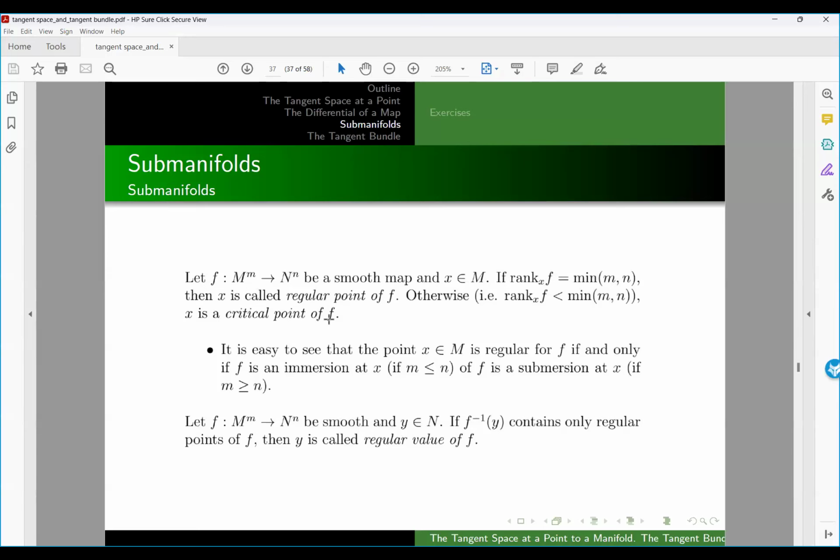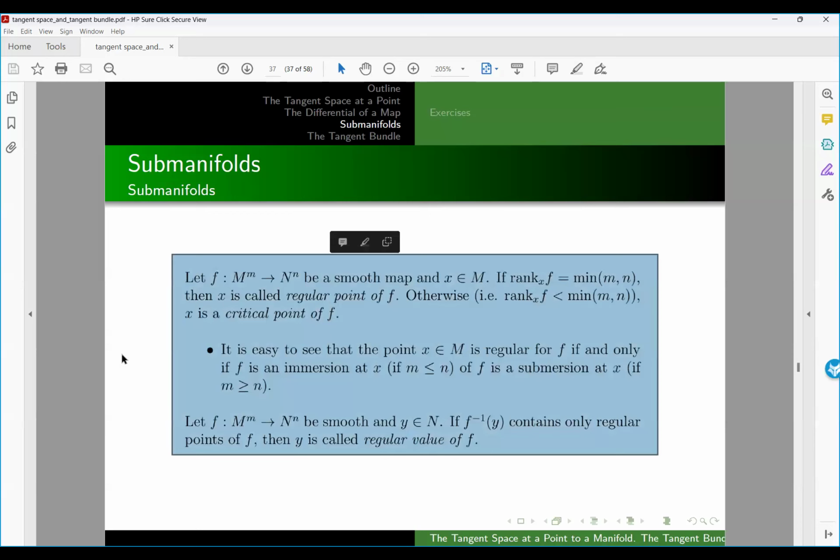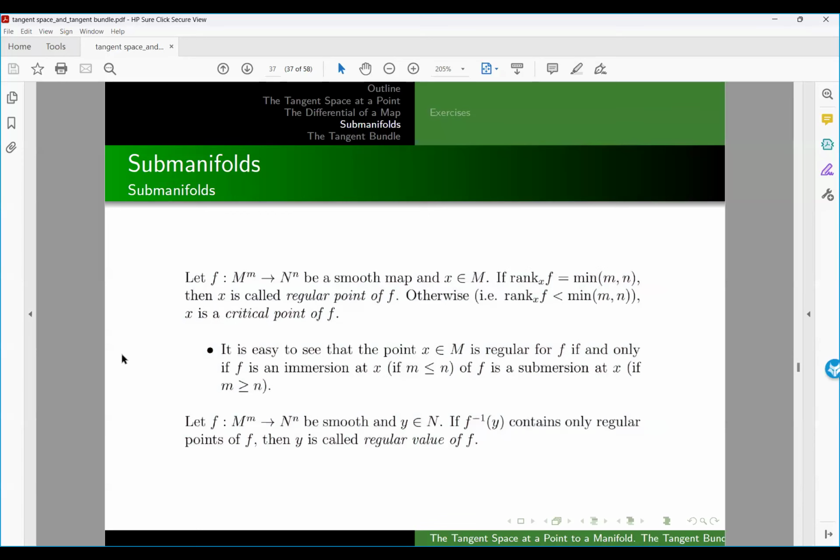So if the rank is the maximum possible for a map defined like this, then x is called a regular point of the function. Otherwise, x is called a critical point. So a critical point is a point at which the rank is strictly less than the maximum possible rank, which is the minimum between m and n.